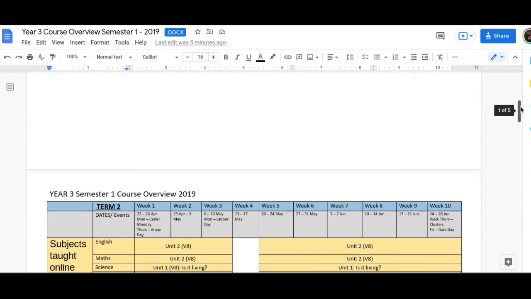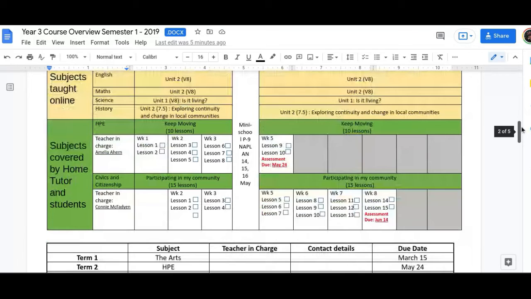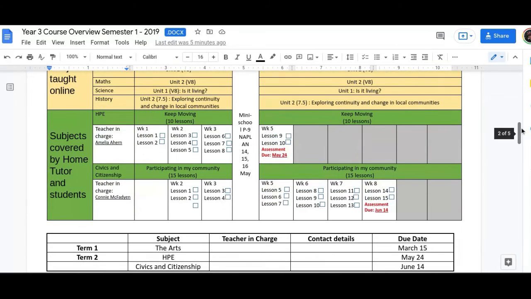I'm not quite sure what's being taught on air there now. But anything that's not taught on air, you get given the curriculum. That's what you need to timetable in next. So here we have the arts, changing the community. That was due towards the end of term 1. So you want to timetable all of that in to get that done, obviously before the due date.